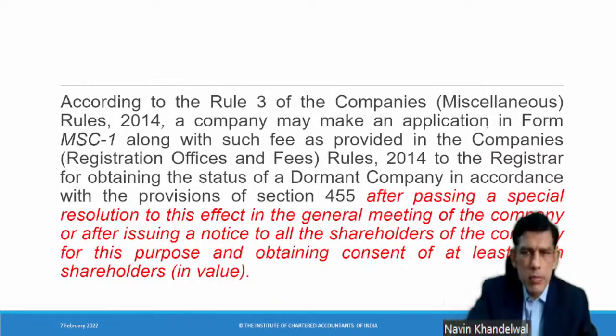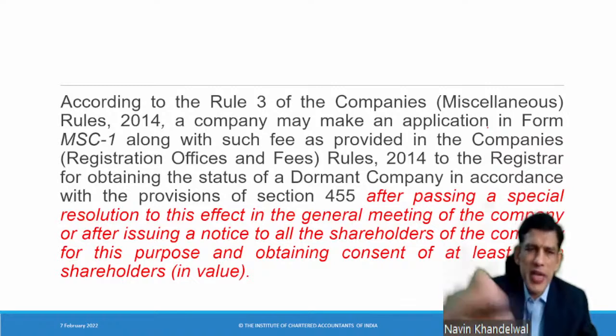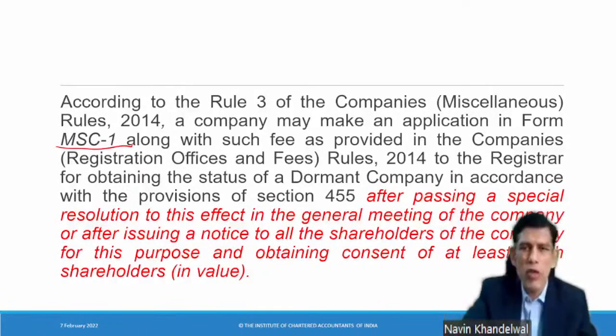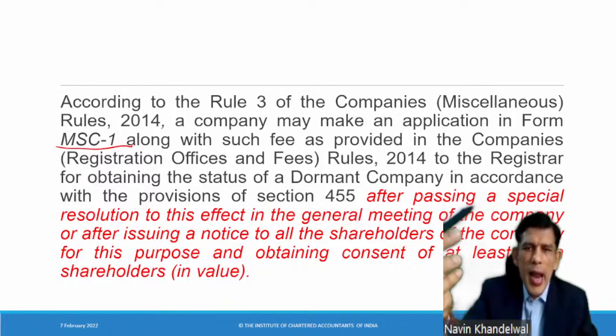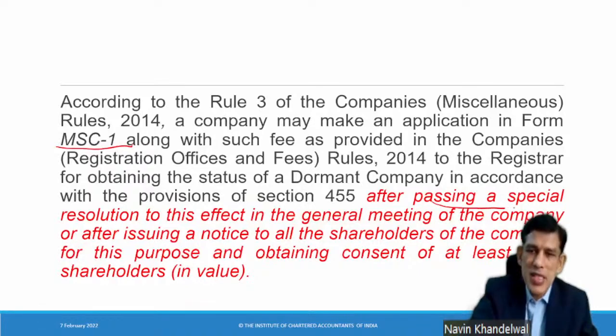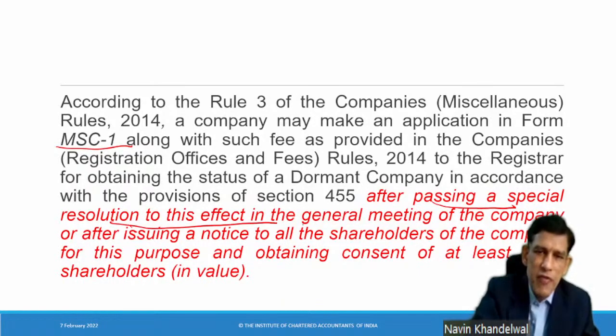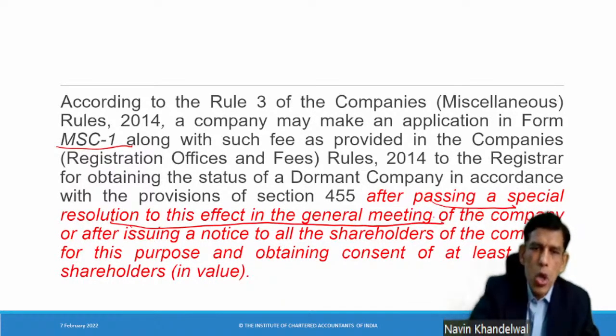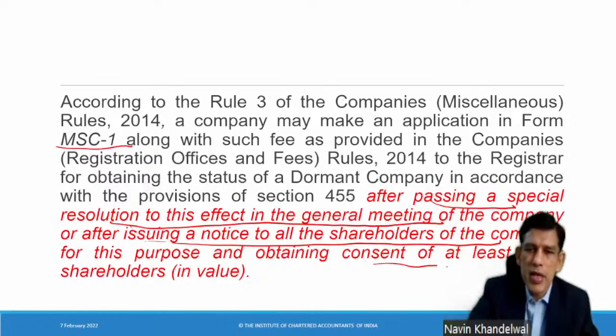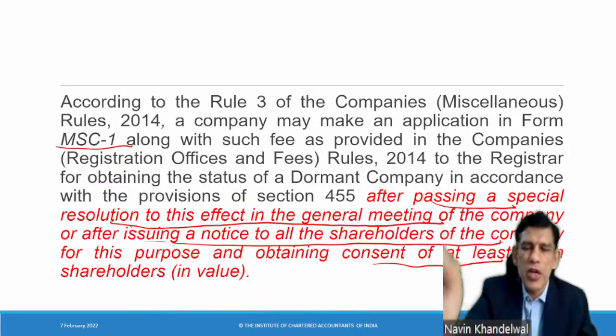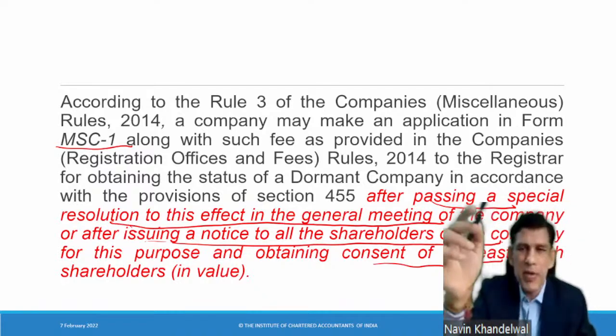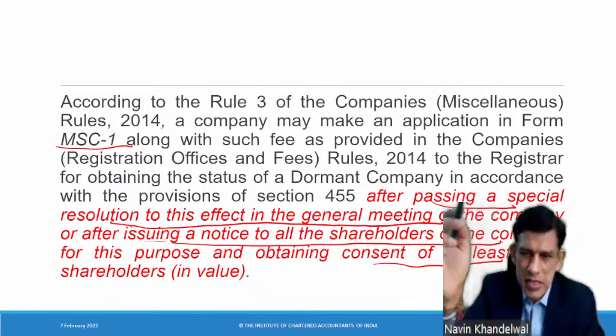So as per the rule, they need to make an application. MSC, because it falls under miscellaneous provision. And that application will be made as per the rule after passing a special resolution to this effect in the general meeting, or after issuing a notice to all the shareholders of the company and obtaining a consent of at least 3/4 of shareholders in value. Same, remember in the previous lecture, we had discussed this.